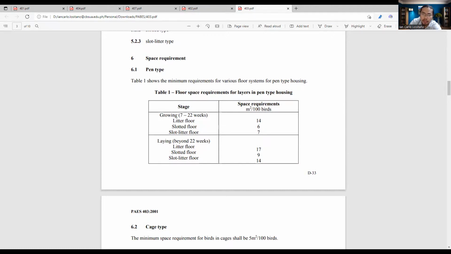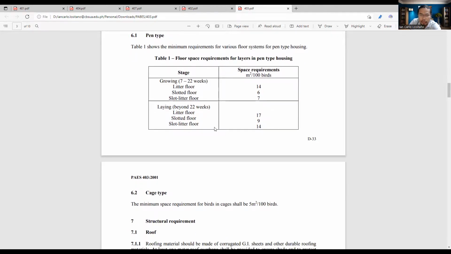You have your growing, and then the laying, and it changes because the chickens are expected to mature. Again, the chickens can lay eggs without the need for fertilization.